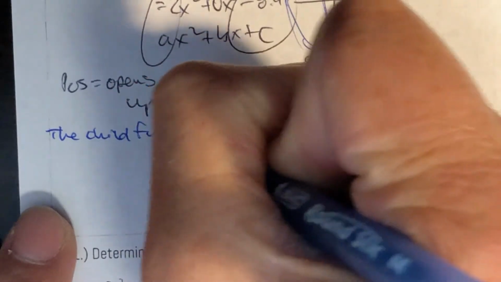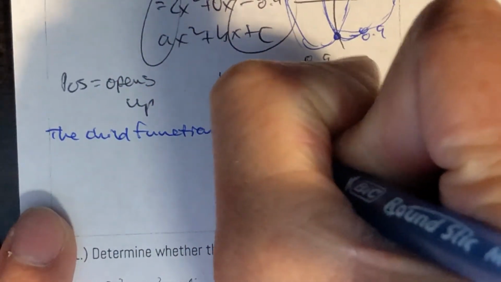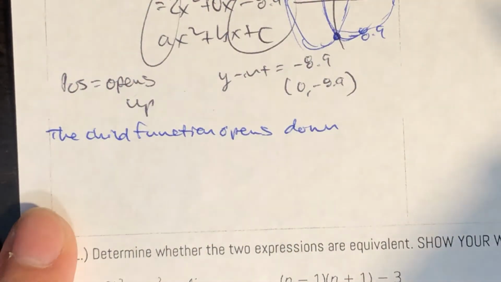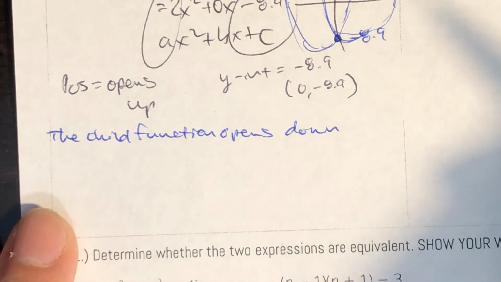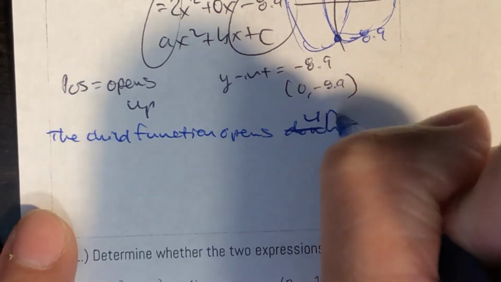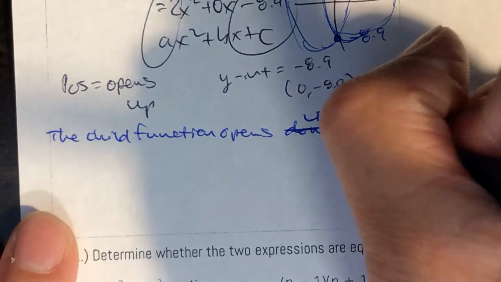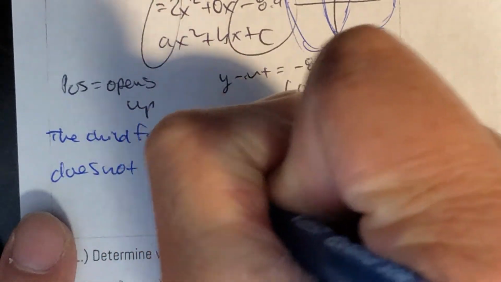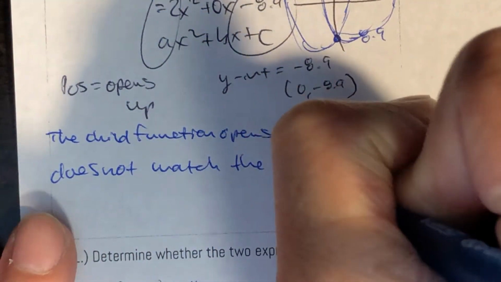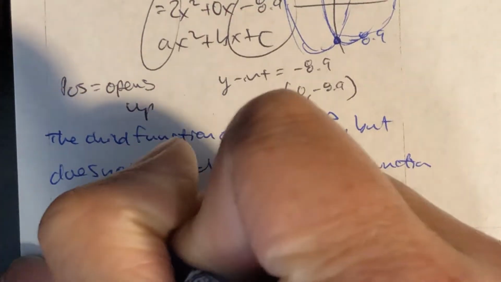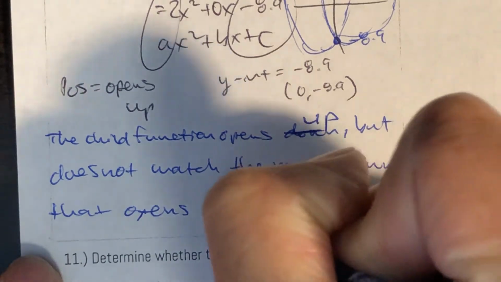The child function opens up but does not match the parent function that opens down.